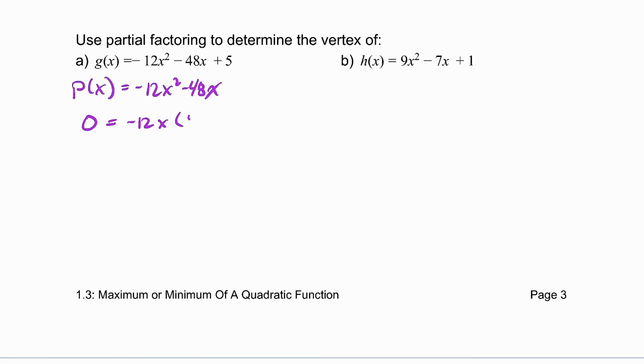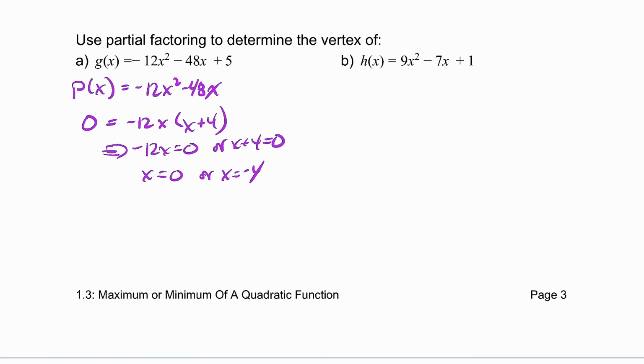So I'm going to get x plus 4. So therefore, this implies that minus 12x is equal to 0, or x plus 4 is equal to 0. So we got our two zeros. So in this case, x is equal to 0, or x is equal to minus 4.